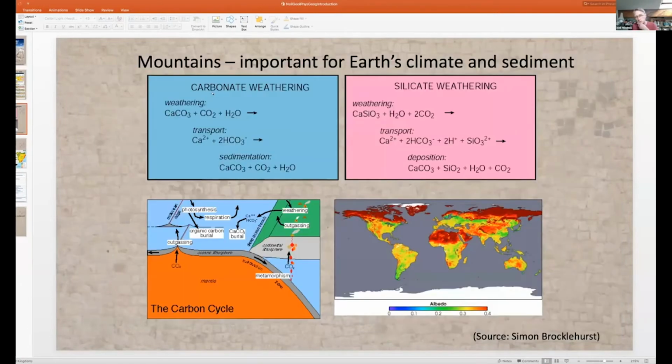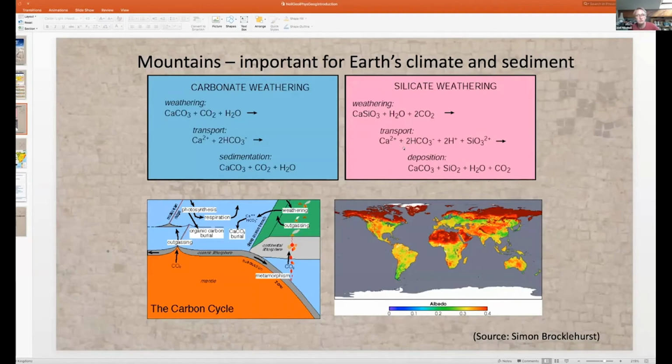Mountains are also important for Earth's climate. It turns out, for example, that weathering of certain rocks can extract CO2 from the atmosphere, and that CO2 ends up in the oceans and gets turned into things like coral reefs and other carbonate deposits.